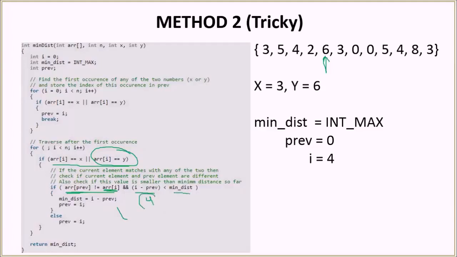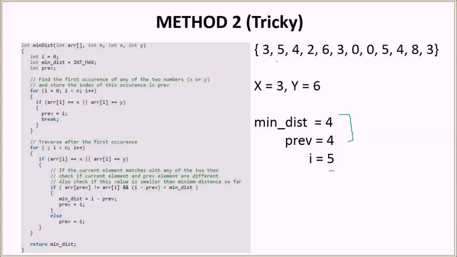So 4 is smaller than int max, so we'll update minimum distance with 4 and previous with i. So these both values are now 4.